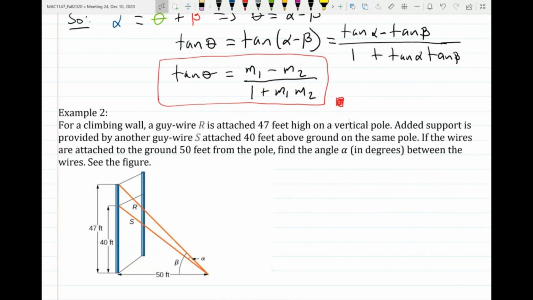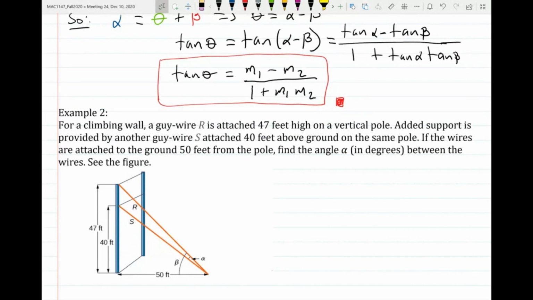So example 2. For a climbing wall, a guide wire R, so we even provide the picture, so it's easier to understand what's going on. The guide wire R is attached 47 feet high on a vertical pole, so we can see that in the picture.